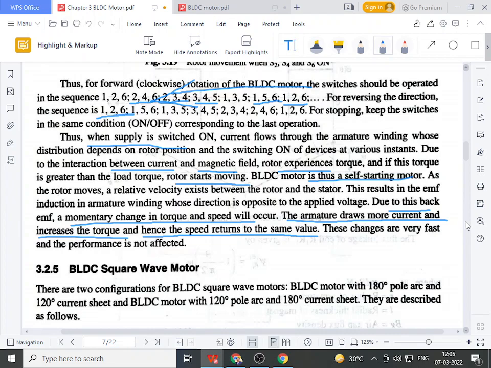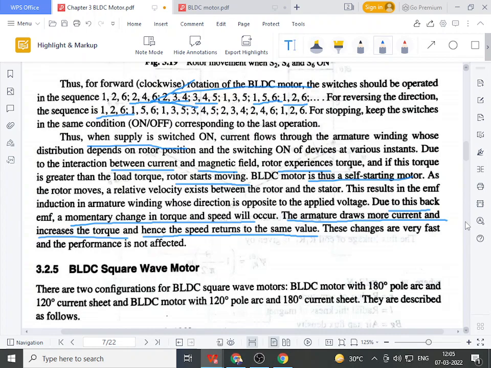what will be the flow? See, if load torque increases, definitely there will be a fall in speed. So if torque increases, speed decreases. If speed decreases, back EMF decreases, because back EMF is proportional to speed.